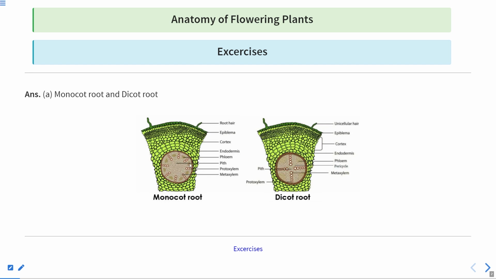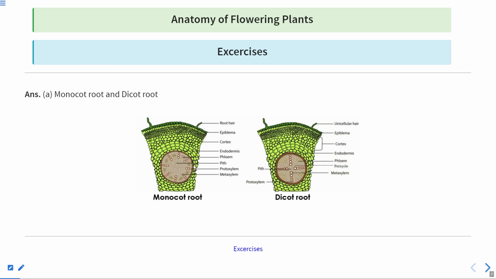And below this, there is a pericycle. Just below the endodermis, there is a pericycle in the case of dicot root. But in the case of monocot root, you won't see any pericycle, right? There is no pericycle here.